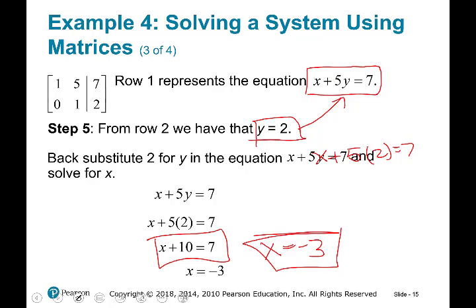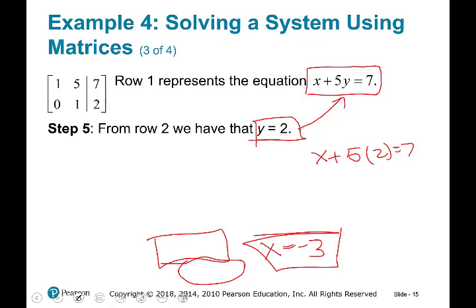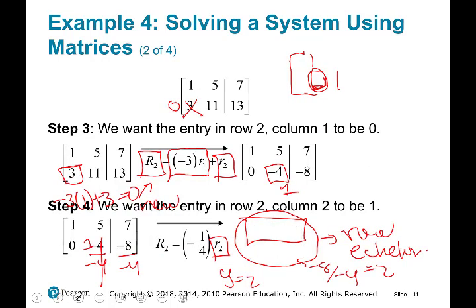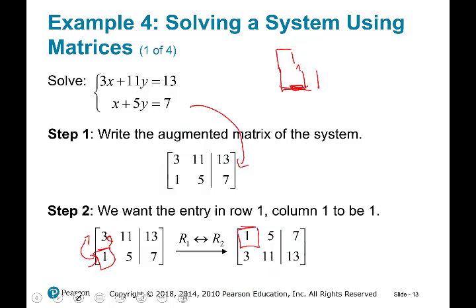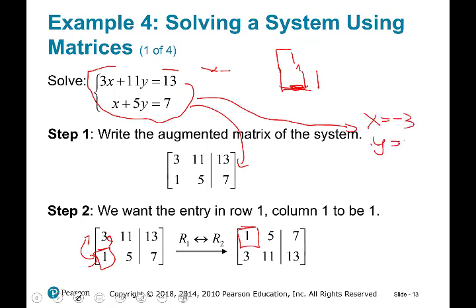So remember to check your answer. You can just take the original equation, let's look for that equation here. Right, so you can take your original equation, which is this one, and check with x equal to minus 3, y equal to 2, and see if you get those numbers.